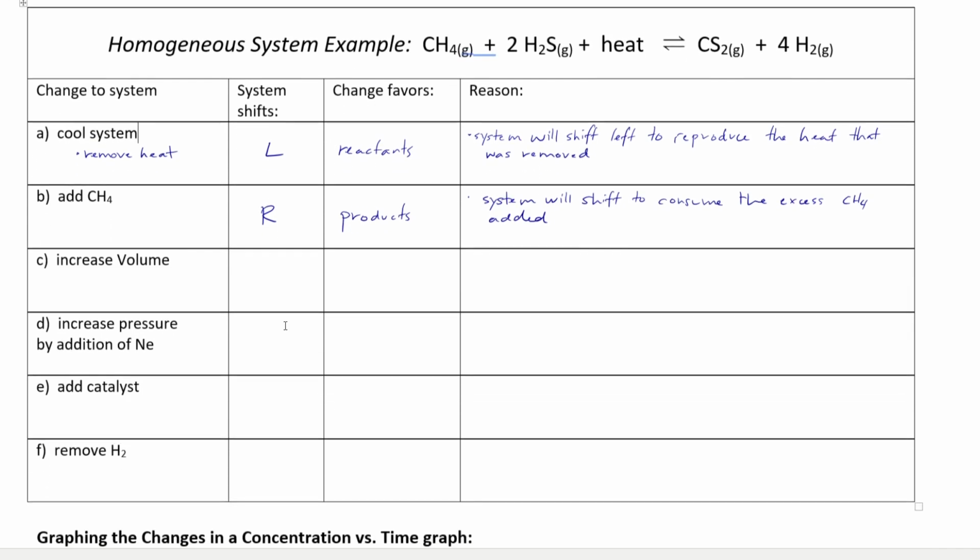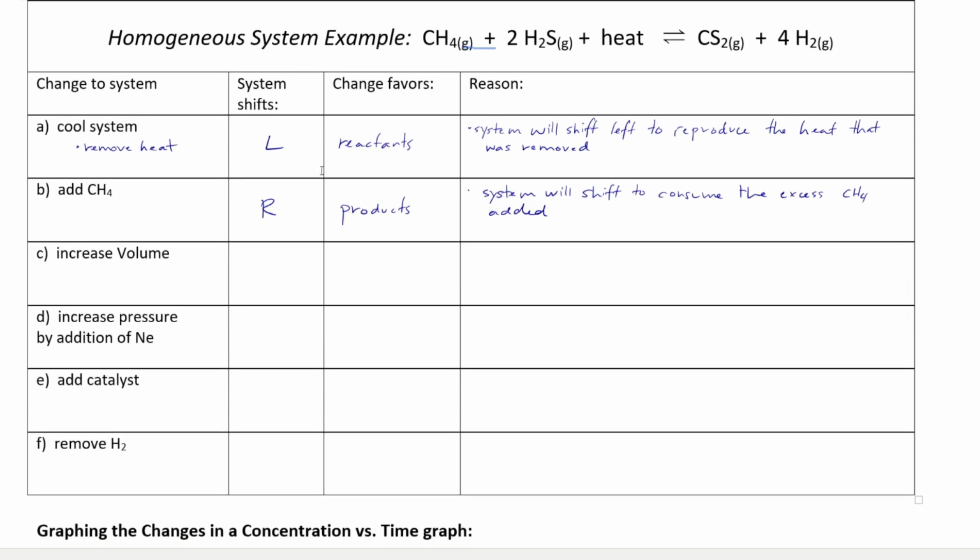If you increase the volume, well, let's think about what change this has on the concentrations. By increasing the volume, that will drop all the concentrations. All concentrations will decrease since the denominator goes up. And by increasing the volume, you are going to decrease pressure.